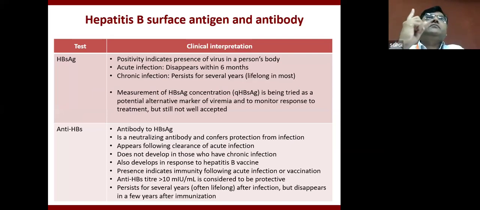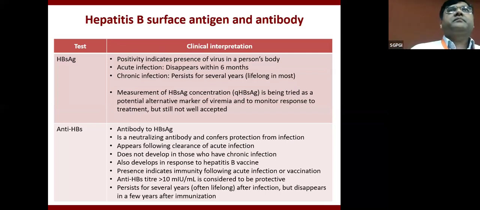For each complete virus, 10,000 or more empty particles are released in the circulation. That is the concentration, and that is the reason HBsAg testing is the easiest one. So if empty particles are continuously produced, that means the infection is ongoing. We can make sense that the person is infected.